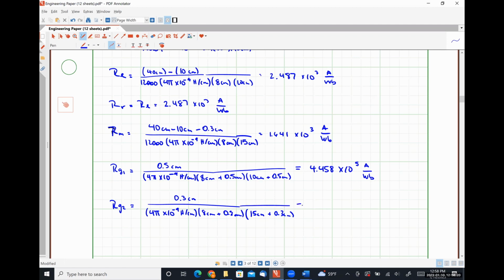So thank you. I get 1.880, I'm rounding, times 10 to the 5 amps per Weber.